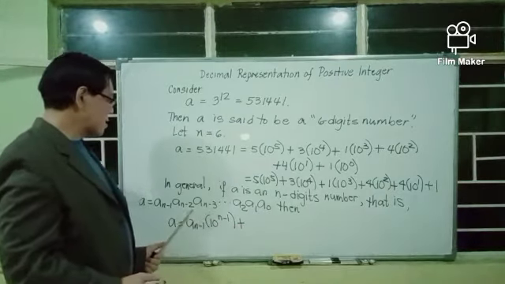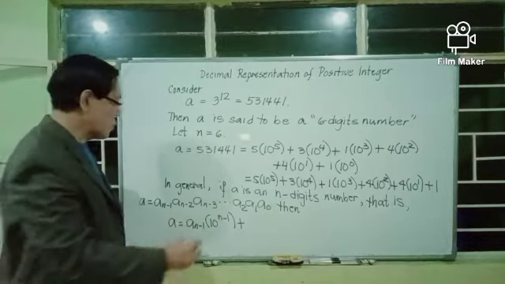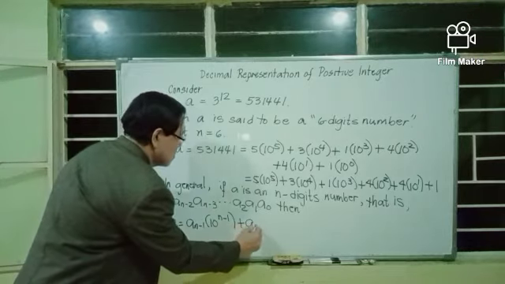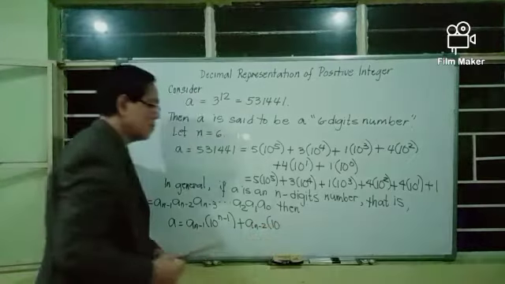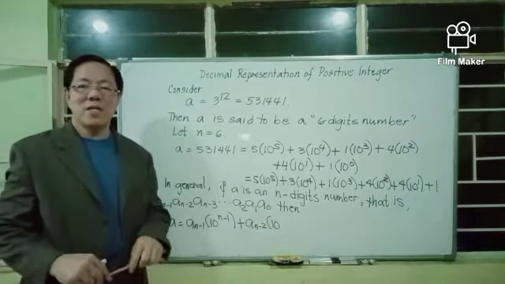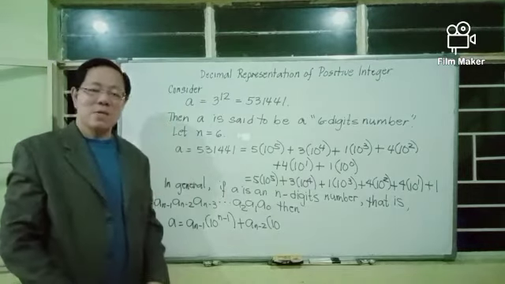The next term is the second digit, a sub n minus 2. As I said earlier, the exponent of 10 is decreasing.